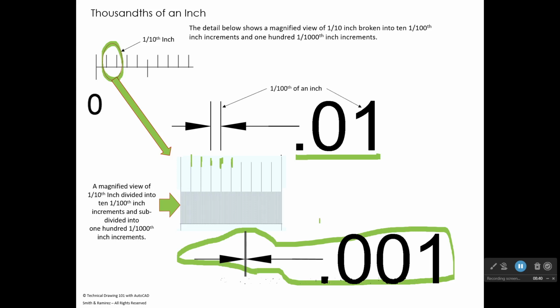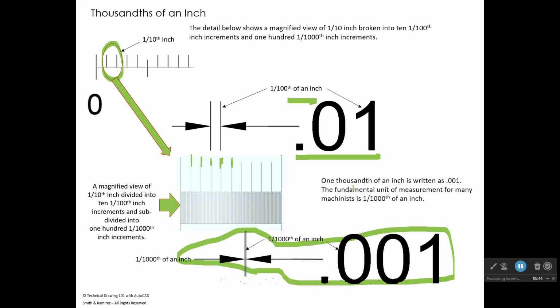Okay, so we have 100th of an inch, which is this up here. And 1/1000th of an inch is written as 0.001, it says right here. And the fundamental unit of measurement for a lot of machinists, especially in the United States, is 1/1000th of an inch, because their mills and their lathes set up down to 1/1000th of an inch.